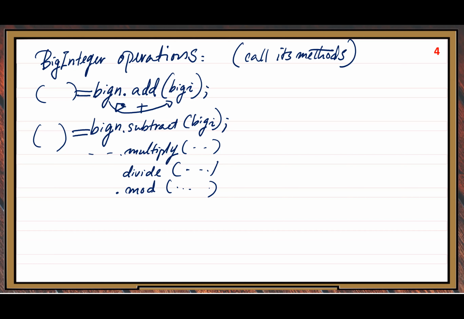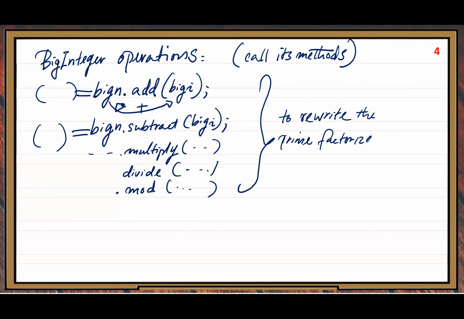So use these big integer versions of all these operations to rewrite the prime factorization method.